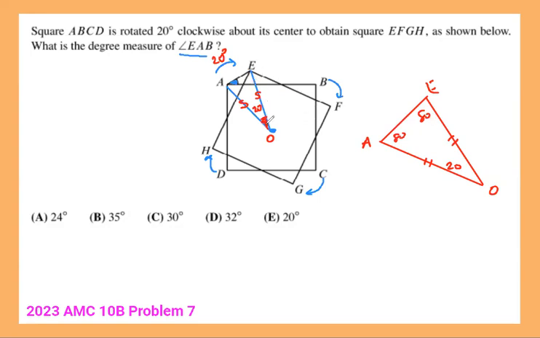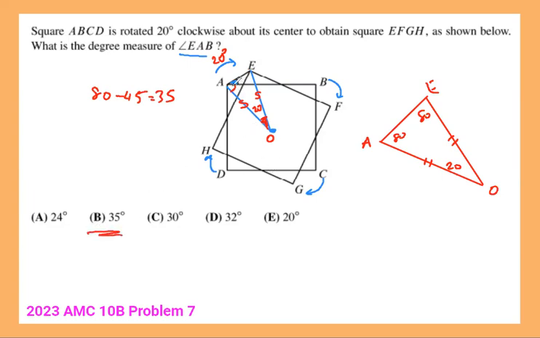But at the same time, the angle between AO and AB is half of 90, which is 45. So what we are looking for is 80 minus 45, which is 35. That is choice B.